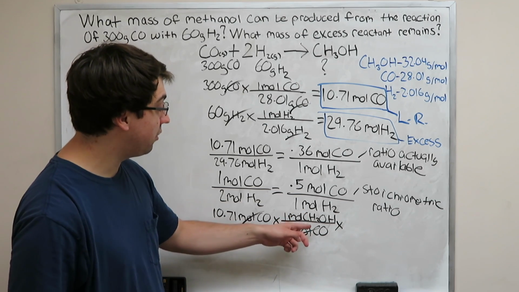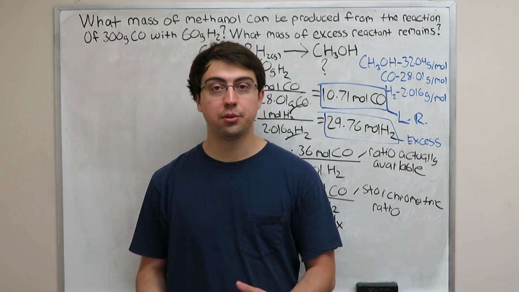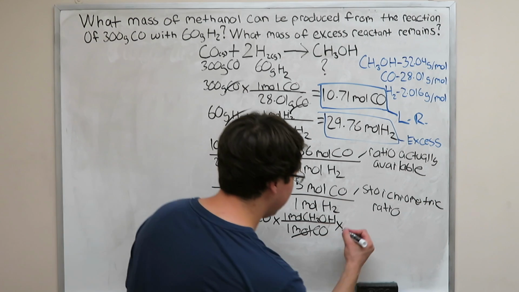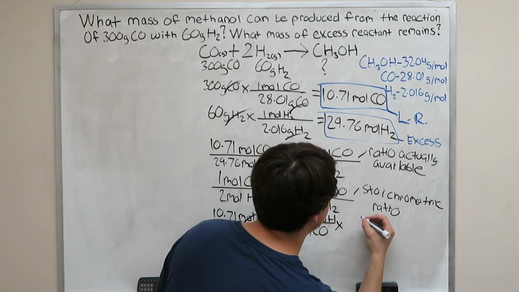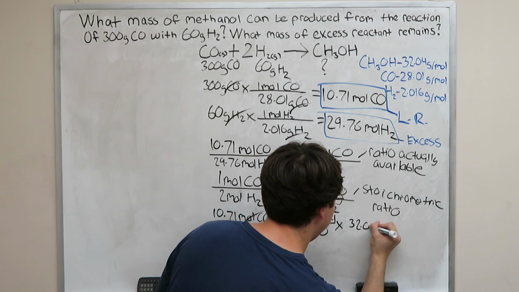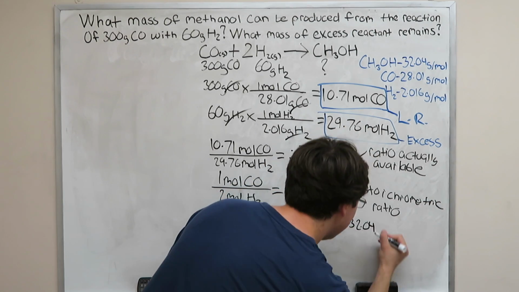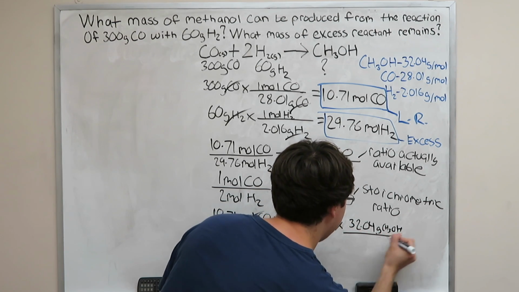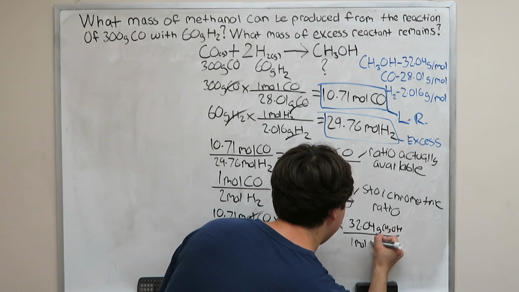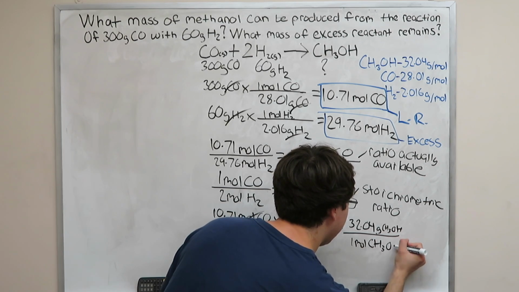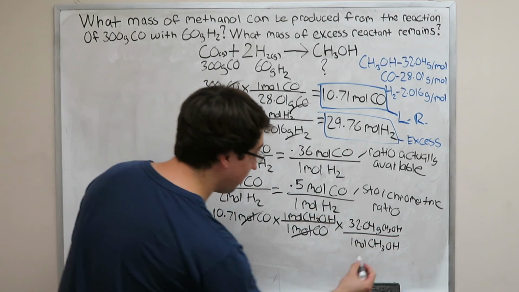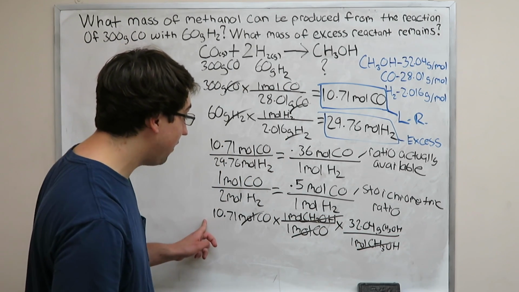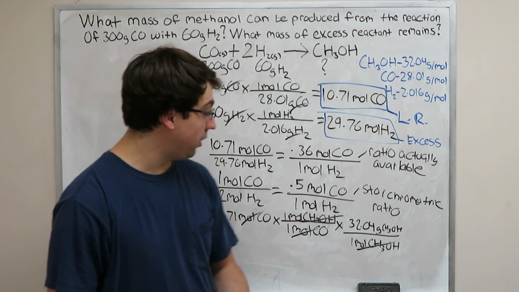And so the next thing we need to do is convert the moles of CH3OH to grams of CH3OH. And I got the molar mass of CH3OH right there. And here you can see that the moles of CH3OH will cancel out. So all we need to do is take the 10.71 and multiply it by 32.04.